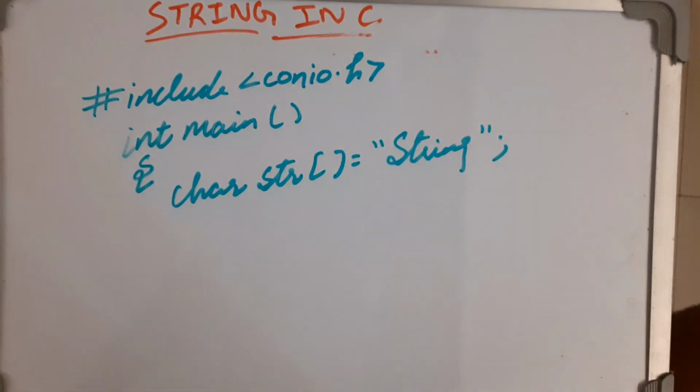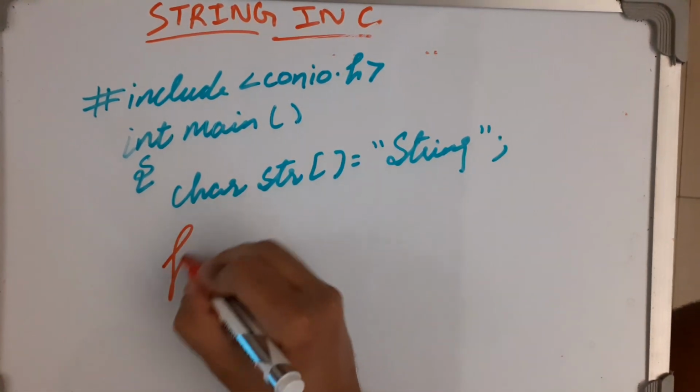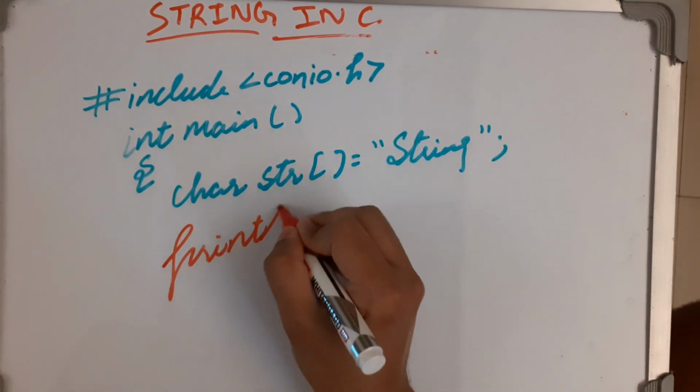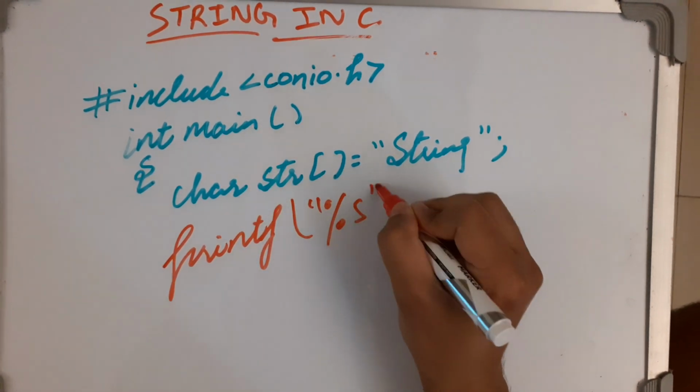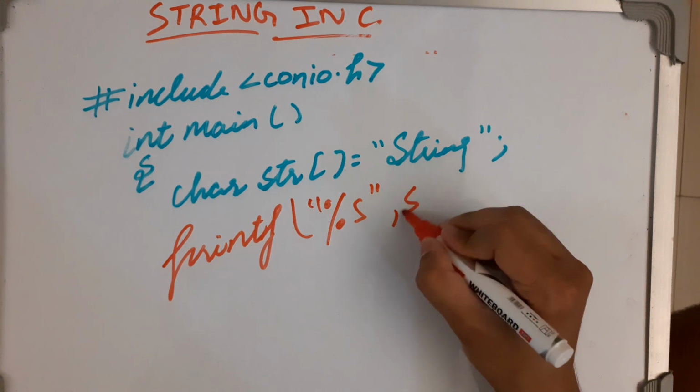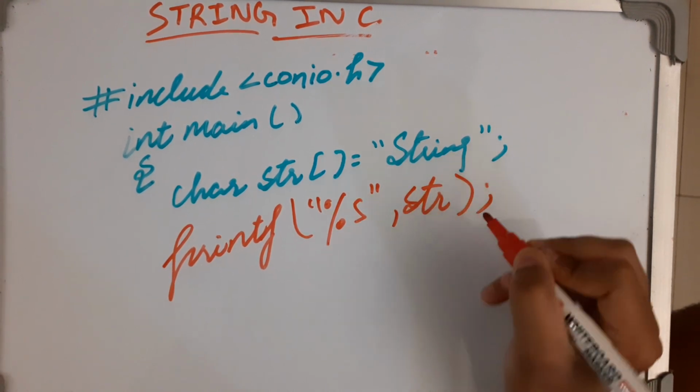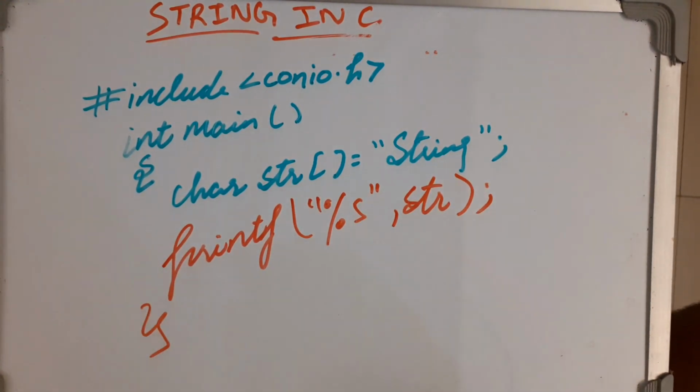Now you have to print this string: printf. %s is used to print a string, like %d is for integers, then the string name, and then close it. This is a simple program to print a string.